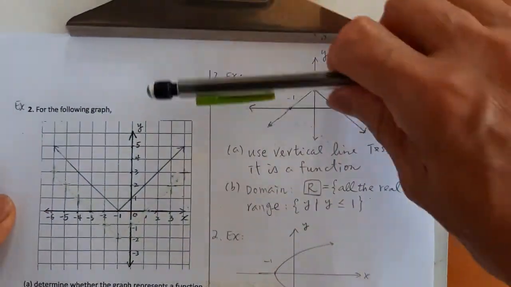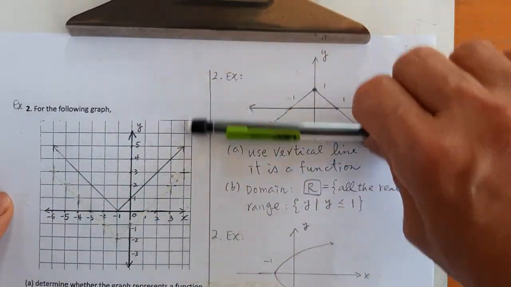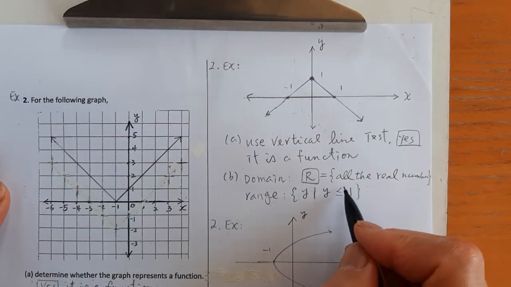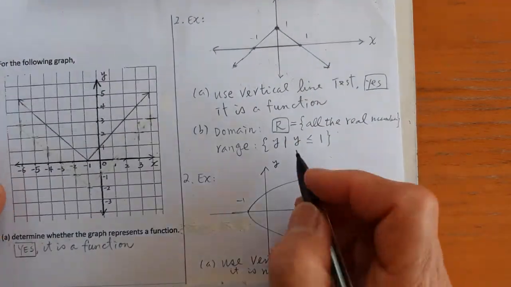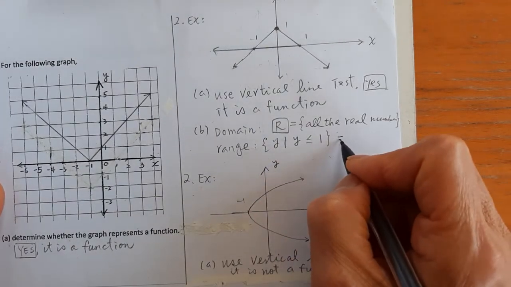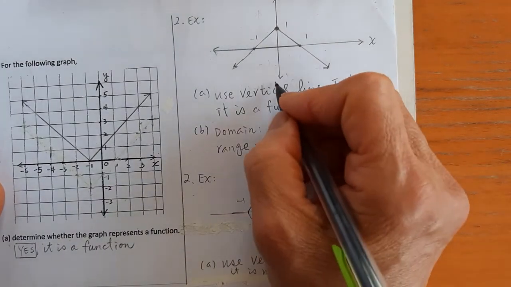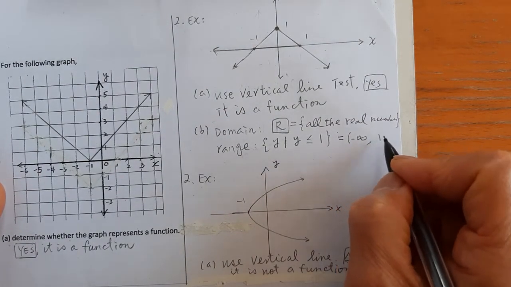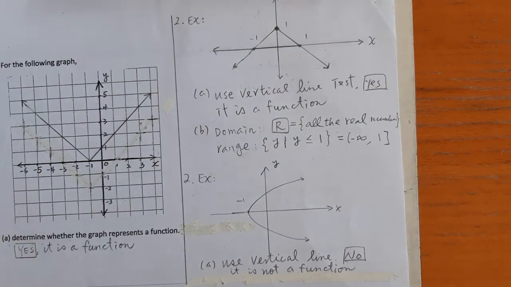The range, you can see, is below 1. Y value below 1. Above 1 has no graph. So y has to be less than or equal to 1. You can put this notation, or if you use interval notation, it goes from negative infinity up to 1, including 1.